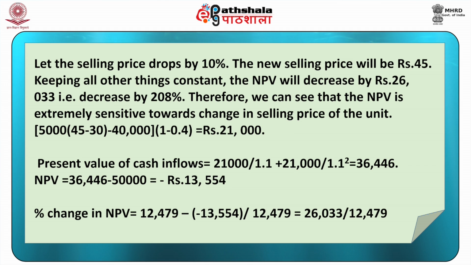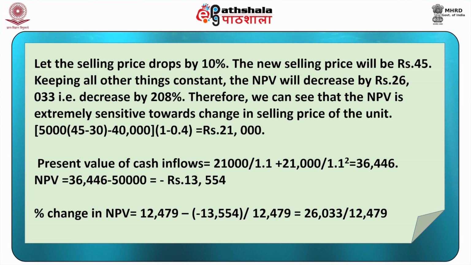36,446. So, the NPV will be equal to 36,446 minus 50,000, that is it will be equal to minus rupees 13,554.